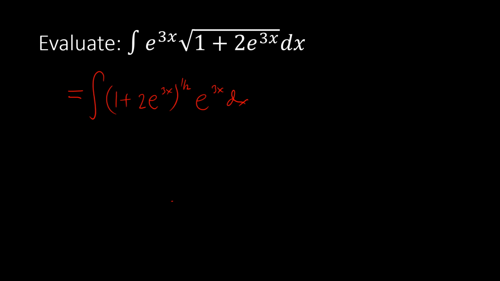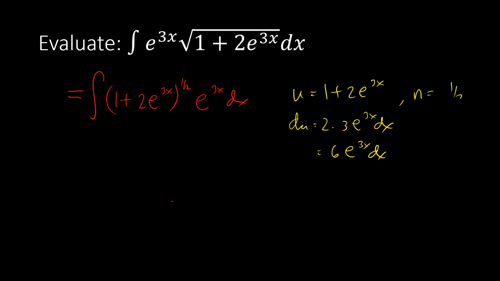So at this point, it's very clear that our u is 1 plus 2e to the 3x. The differential is 2 times 3e to the 3x dx, or 6e to the 3x dx. Our n is 1 half. 6e to the 3x dx is our complete du.